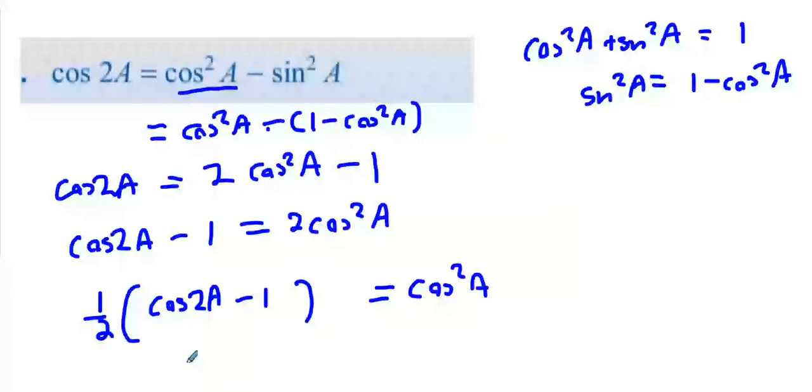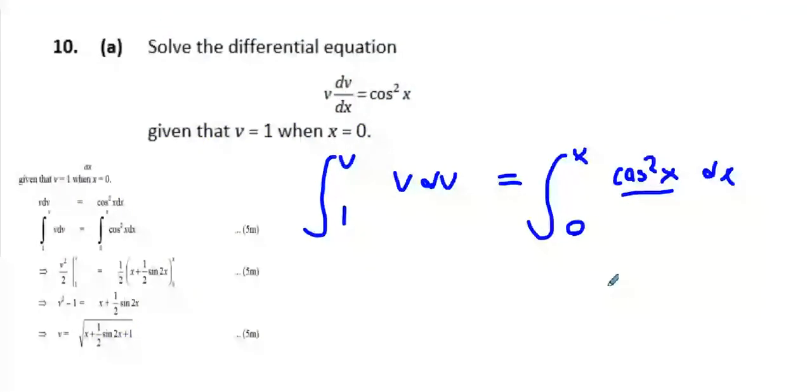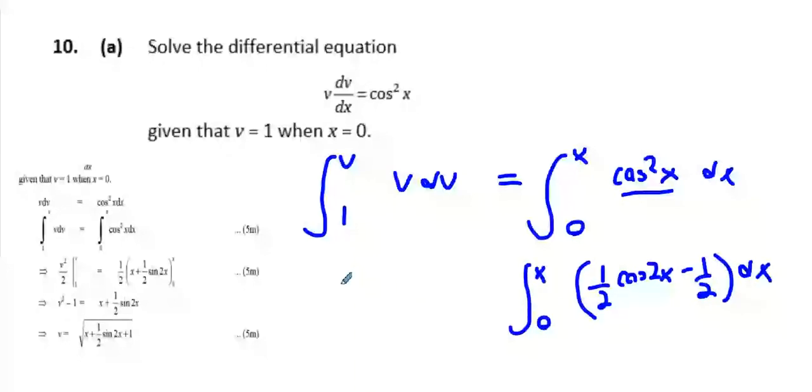And then we can substitute this in, and just change them to x's, so it's going to be a half cos 2x plus a half dx, and we can integrate that because it's a much simpler integration than the other one we were expecting.